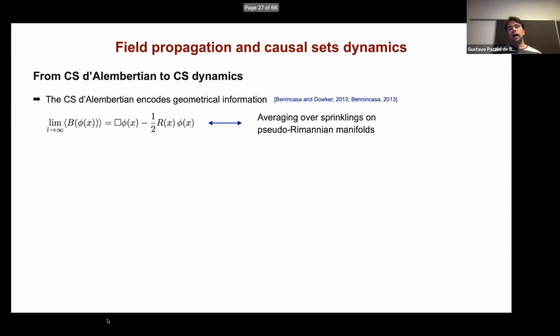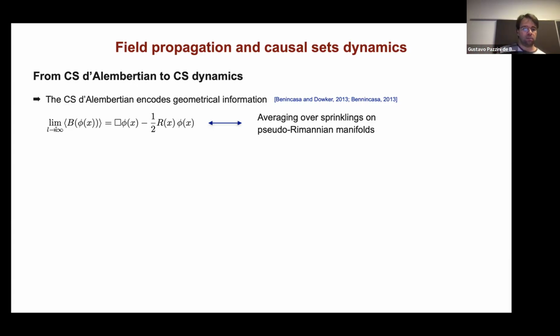Okay? But one of the interesting aspects of this construction of the D'Alembertian in a causal set scenario is that the causal set D'Alembertian actually encodes more geometrical information. It encodes more than just the D'Alembertian operator.